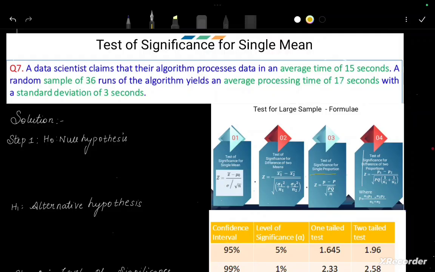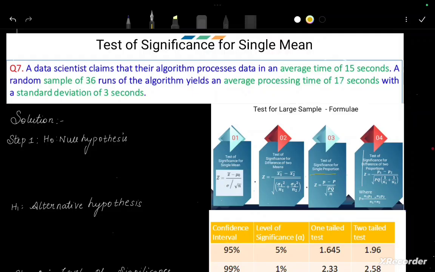We'll read the question first. A data scientist claims that their algorithm processes data in an average time of 15 seconds. What he says is that the whole algorithm processes data in an average time, so this is like considering your population. It is given that the population's average, which is nothing but your mean.